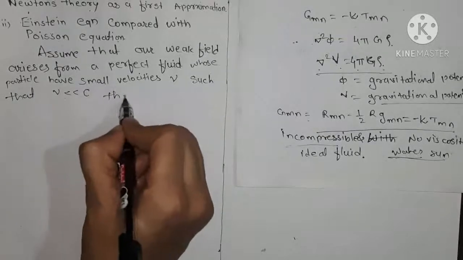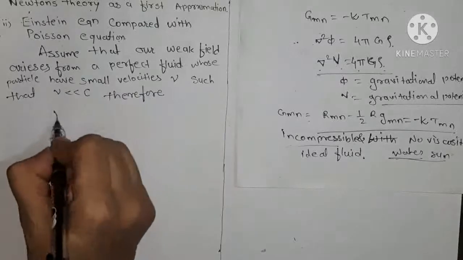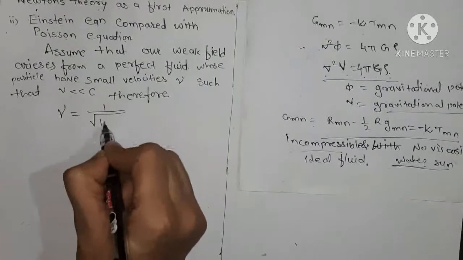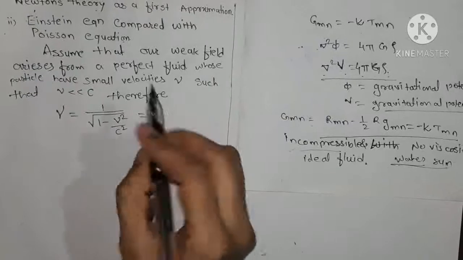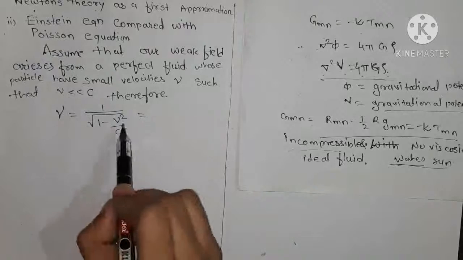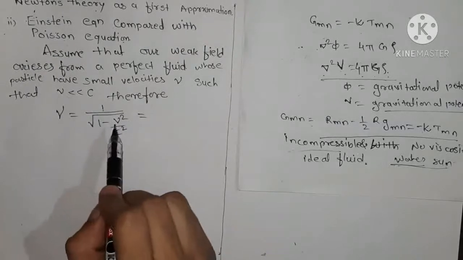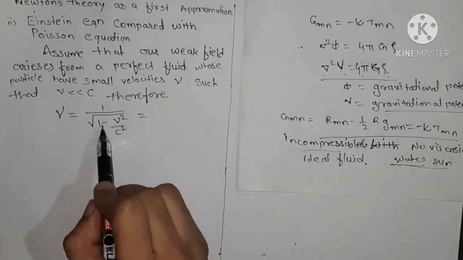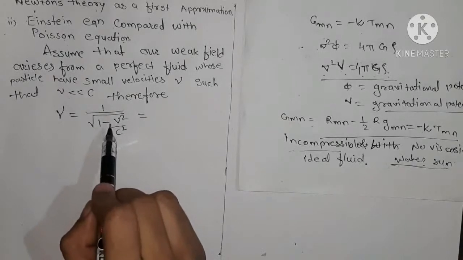Therefore our equation, gamma equals 1 upon the square root of 1 minus v square upon c square, reduces as follows. This equation is from the Lorentz transformation, which we have not seen, but remember this.